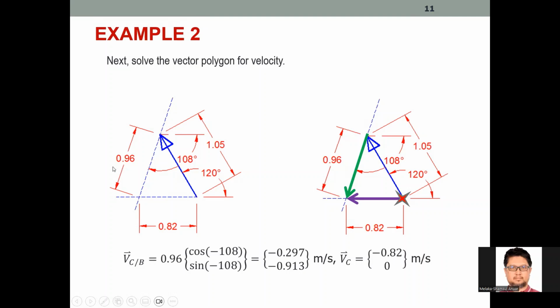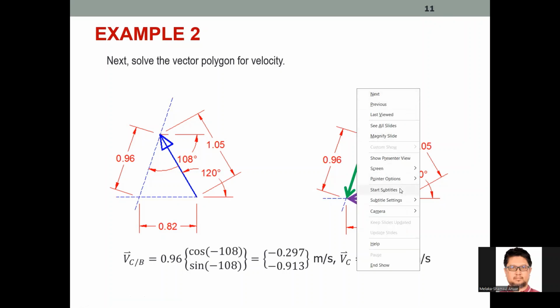And we can measure the length between this point to the intersection, meaning our omega 3. VC/B is 0.96 meter per second, whereas for the slider it is 0.82 meter per second. And the slider needs to be pointing this way, away from the origin, and this is point C.